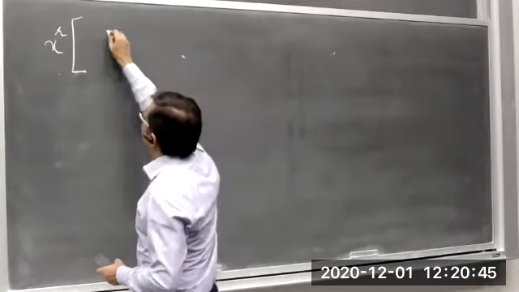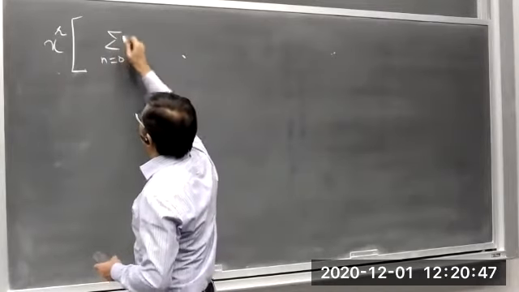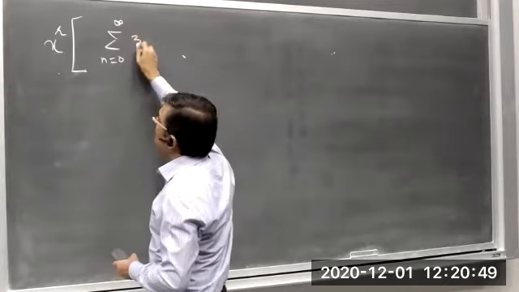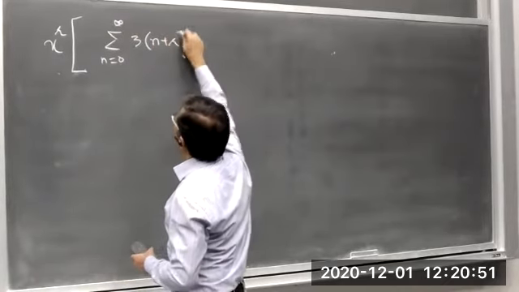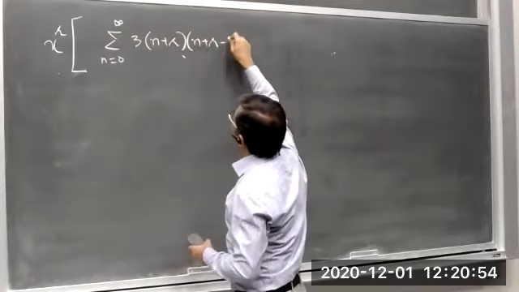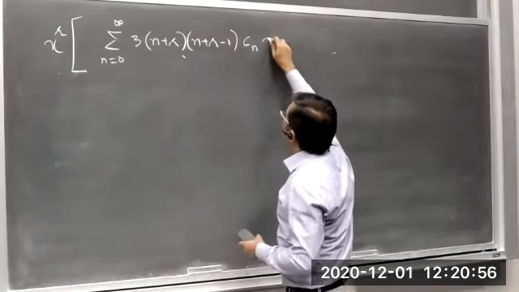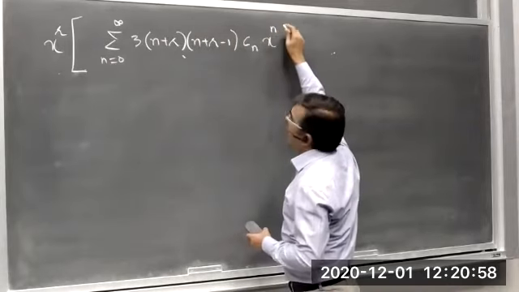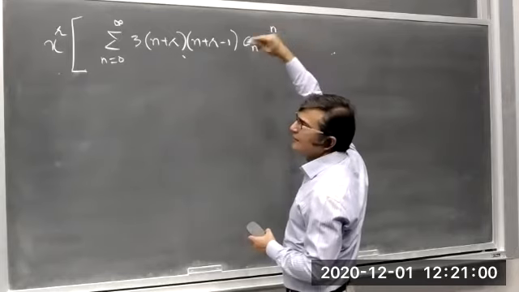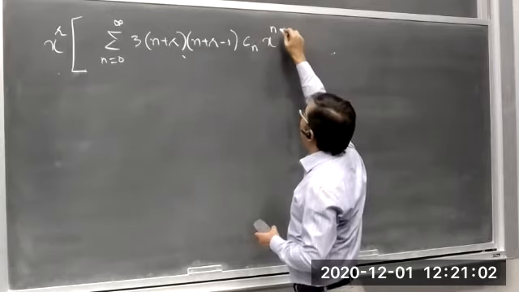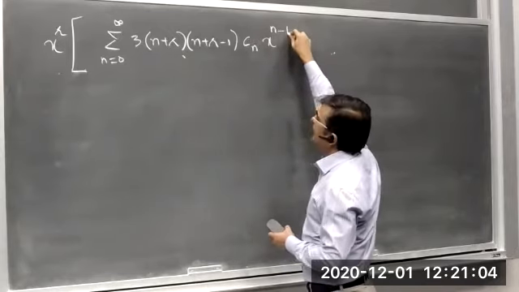So it becomes summation n from 0 to infinity, 3 n plus r, n plus r minus 1, cn x power n minus 1, because n minus 2 becomes n minus 1 here.